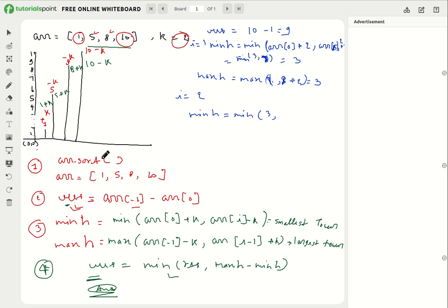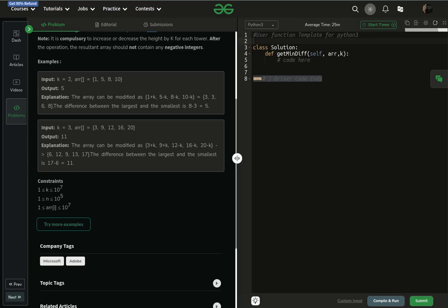Then we take the largest value and the smallest value to find the result. Then we will find the minimum height of tower and the maximum height of tower. Then we will take the minimum of our previous result and the maximum tower minus the minimum tower. Okay, so let's jump to the solution and implement it.